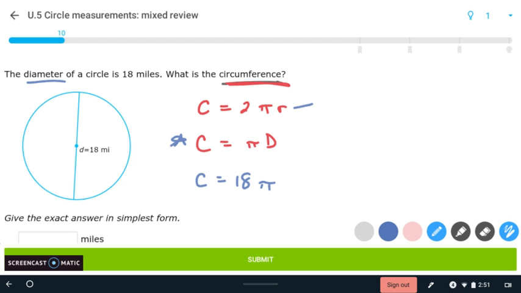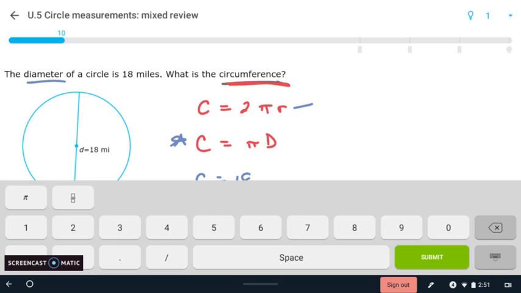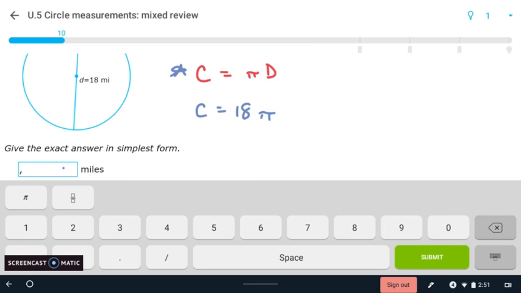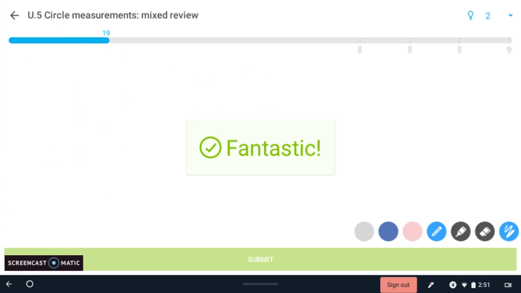It's just you would divide the diameter by 2 and then end up multiplying by 2, and it cancels out. So this second formula just saves you some steps. So it's 18 pi. There's another one finished.